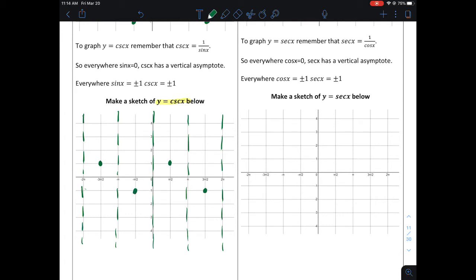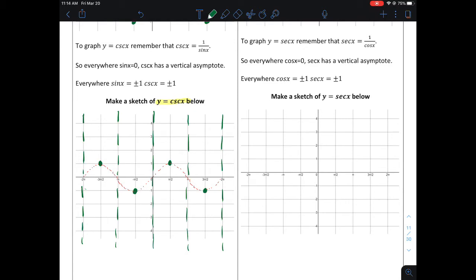Now, I don't know if you've noticed this, but if I look here at the wave, I can kind of picture the sine wave in here. Now, you don't have to graph this, but I do when I graph cosecant, because it's a lot easier for me to graph sine than it is to graph cosecant. Now, here's the thing about the cosecant function. Cosecant will only share those values with sine. Cosecant never equals 0.